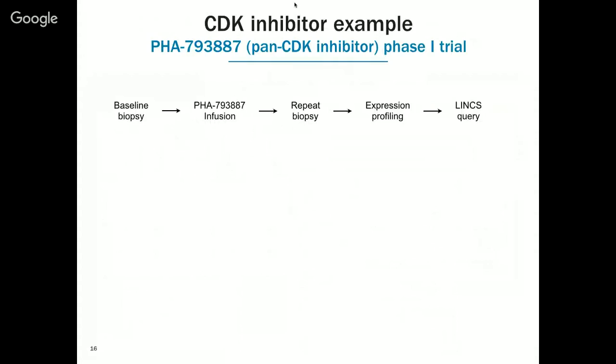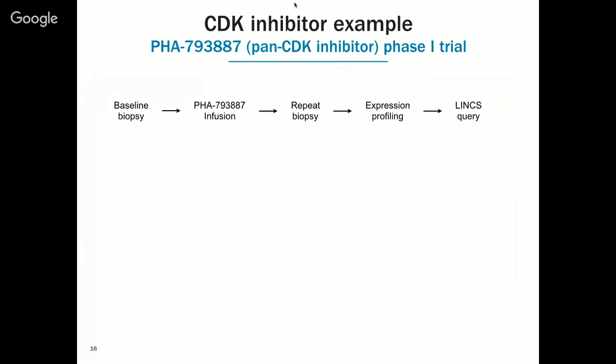All right, so I'm gonna probably end with an example that is perhaps the most relevant to precision medicine, which is in this particular situation a data set in which we extracted from an NIH data set a set of samples got from individuals that were on a particular phase 1 trial for a CDK inhibitor.